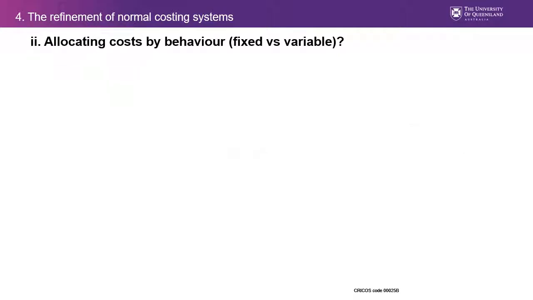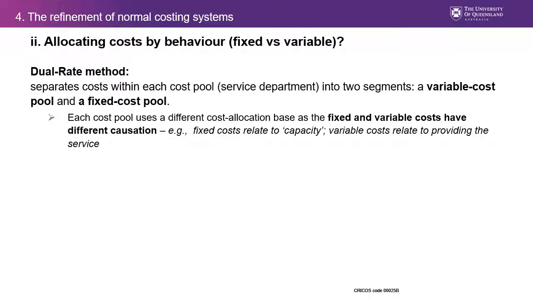But in some companies, they actually split it up into a dual rate. So they separate out their support department costs into a variable cost pool and a fixed cost pool, and that only really makes sense if they have different causation, if there's a different cost allocation base required for each of the types of costs based on whether they're fixed or variable.